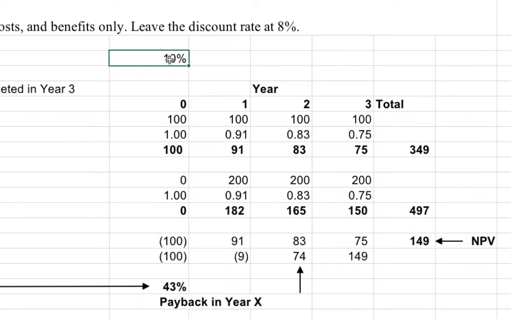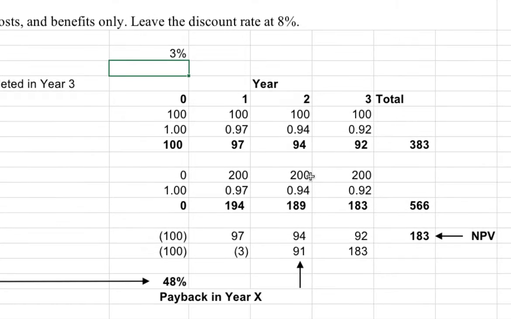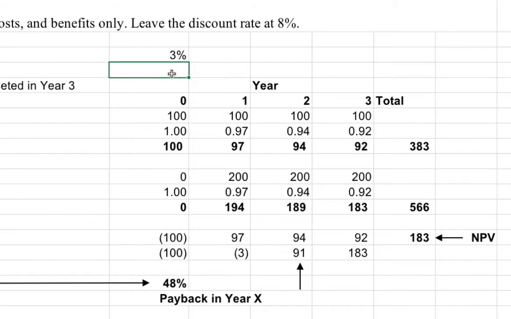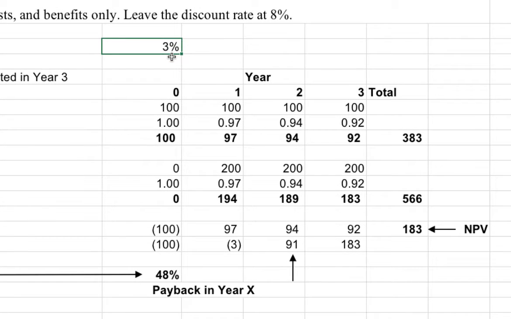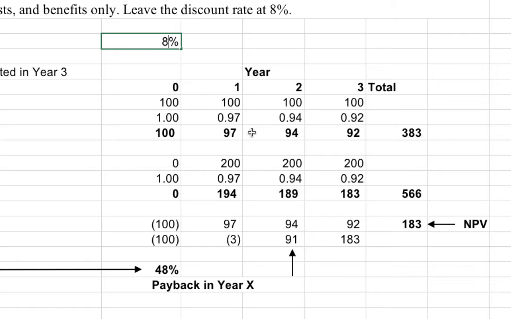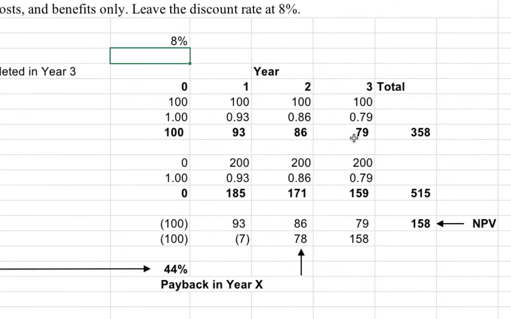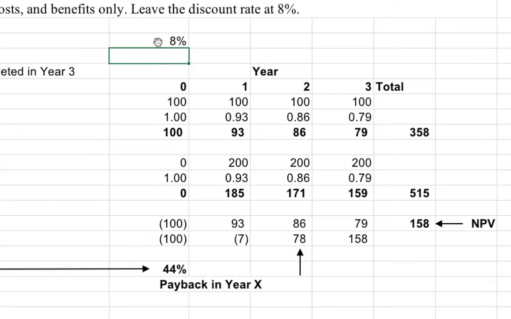So if I change it to something really small, let's say 3%, the lower it goes, you'll notice the time value of the money is increased in both the cost and the benefits. So if I go back to 8% again, which is what we're going to use, those values change. So that's how this net present value is calculated.